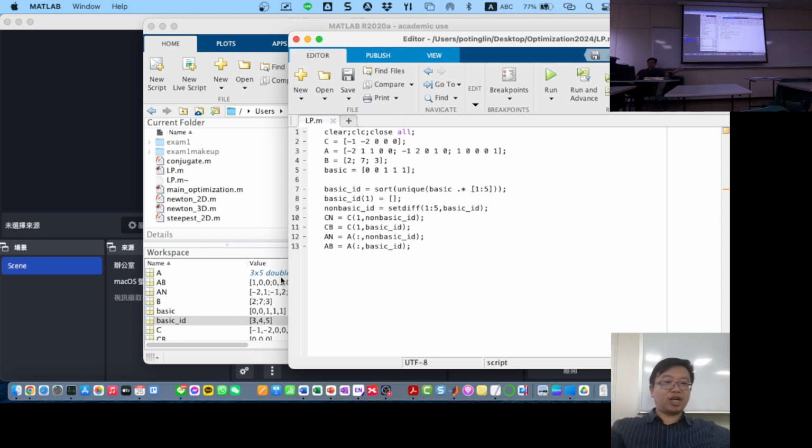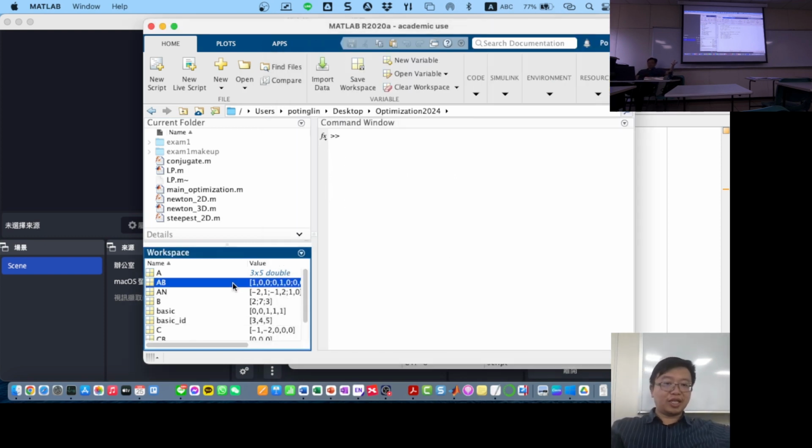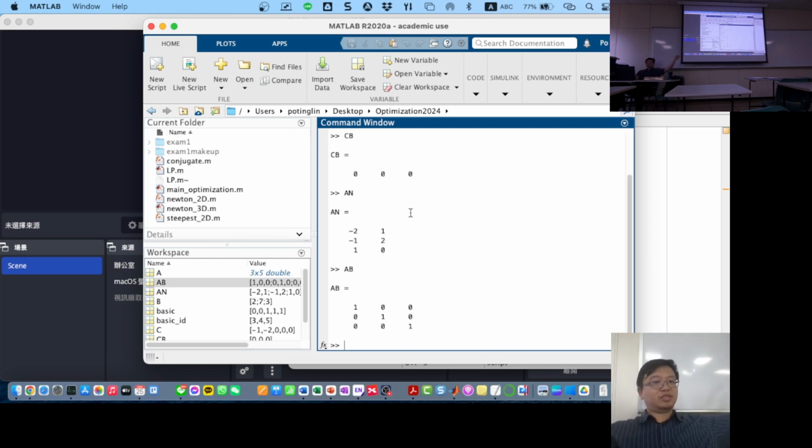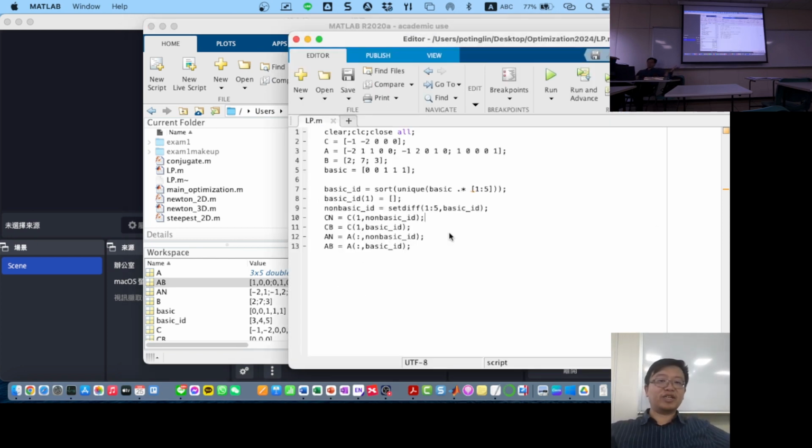Let's run the code once again and see if I'm right. So Cn, -1, -2. Cb, 0, 0, 0. An, just like what we did in the first example. And then Ab. So effectively, we get all the equations, all the matrices that we need.